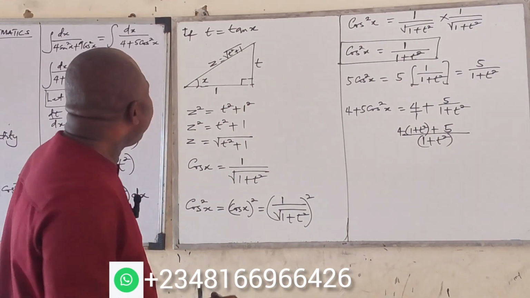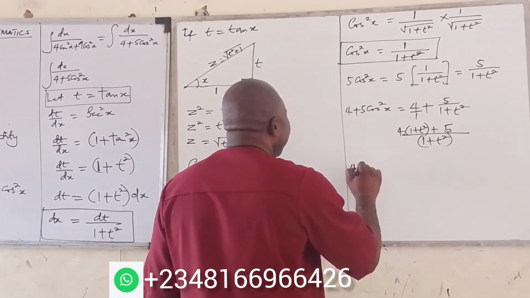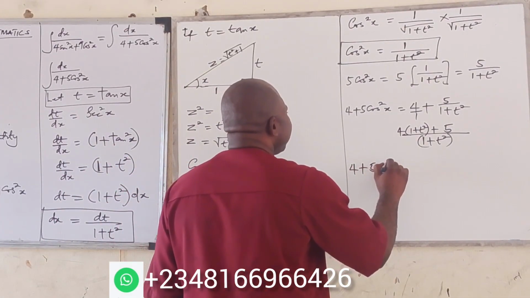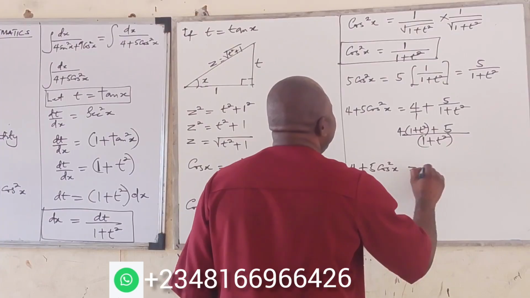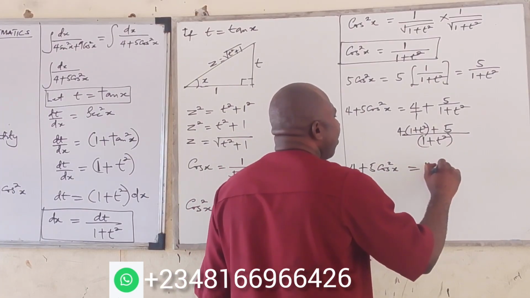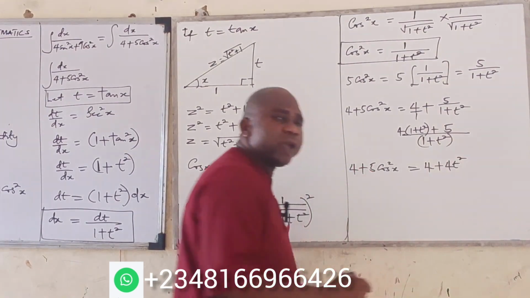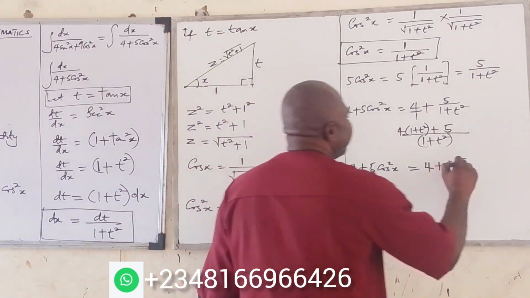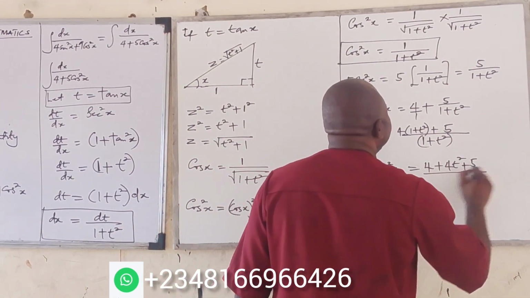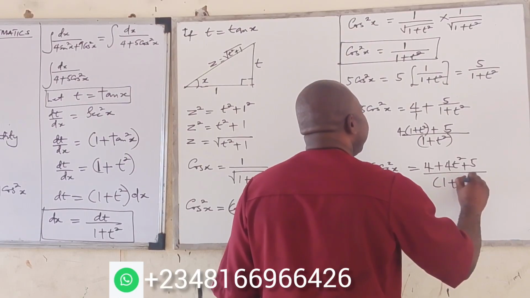So 4 plus 5 cos square x will be equal to 4 times 1 is 4, plus 4 times t squared is 4t squared, plus 5, all over 1 plus t squared.